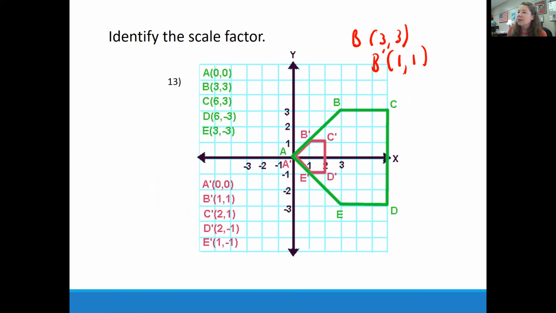So remember, if we put image over original, there's our scale factor. Or we can compare it this way. If this side length is 3, this side length is 1, this is the image, 1/3 as well. Here we'd have 6/2, or 2/6, I should say. All right, so the scale factor is 1/3.